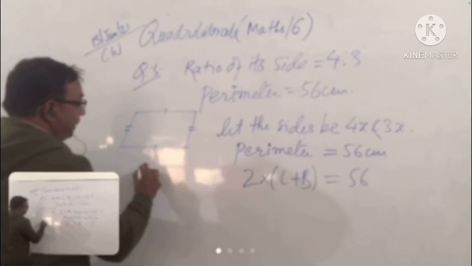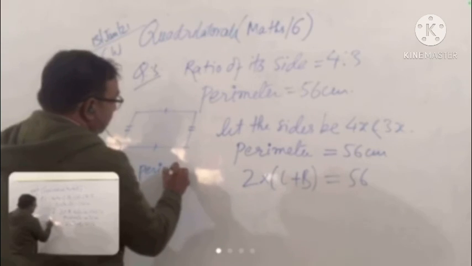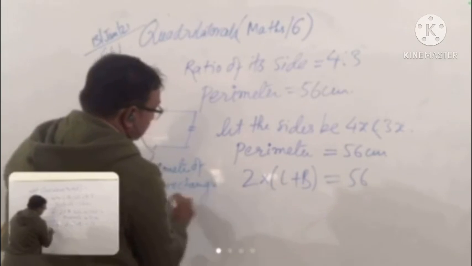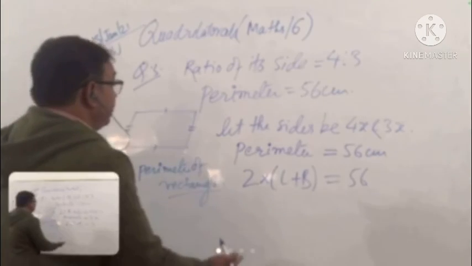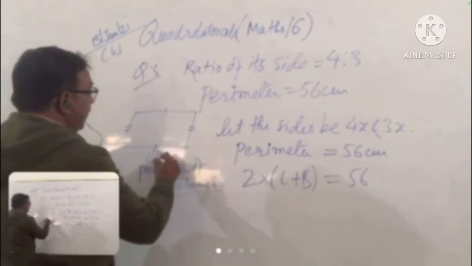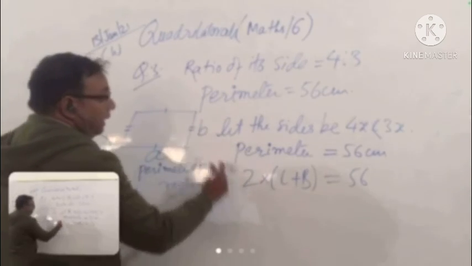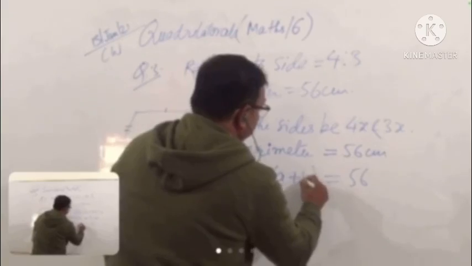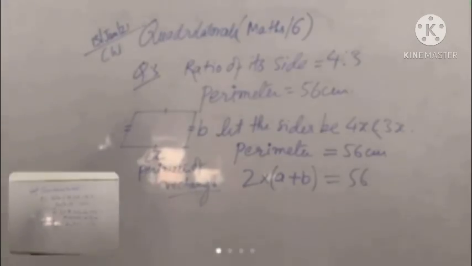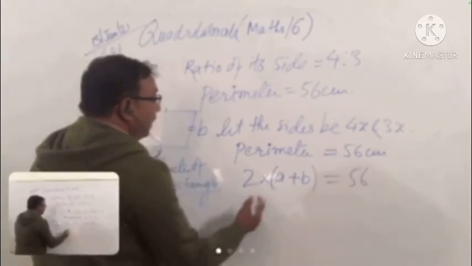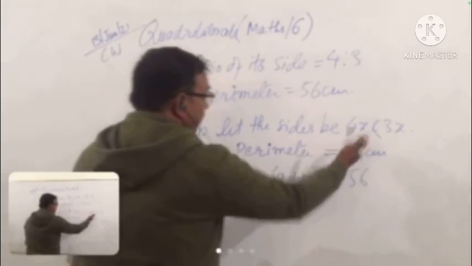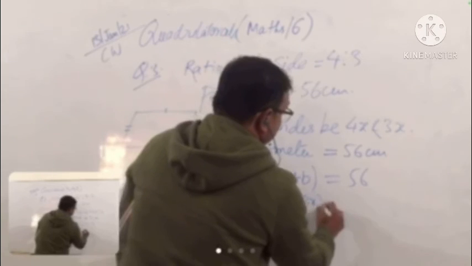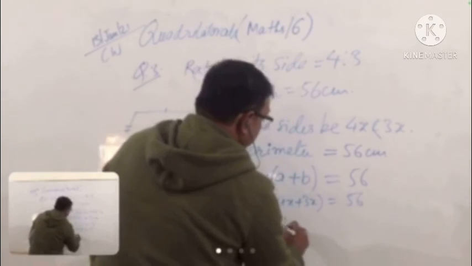Or you can mark the sides A or B. You can use the perimeter of rectangle, 2 multiplied by length plus breadth is equal to 56, or you can mark A and B on the parallelogram sides and put 2 bracket A plus B. Now put the value: 2 multiplied by 4x plus 3x is equal to 56.